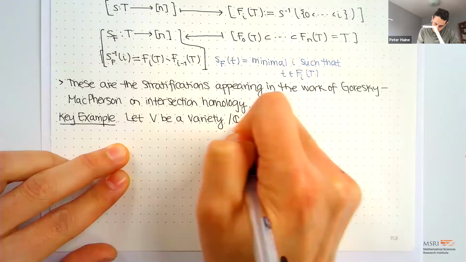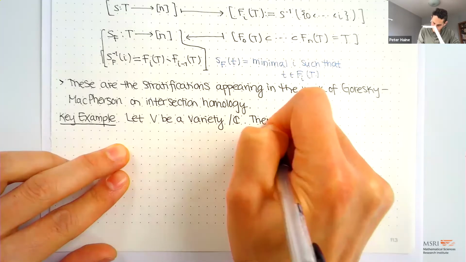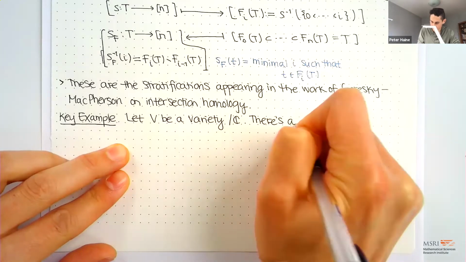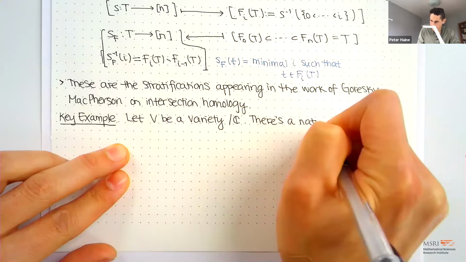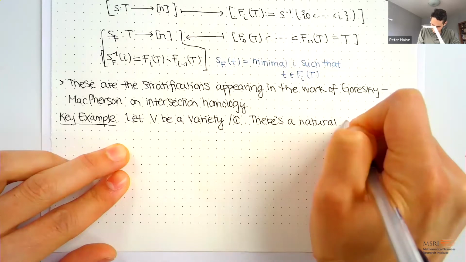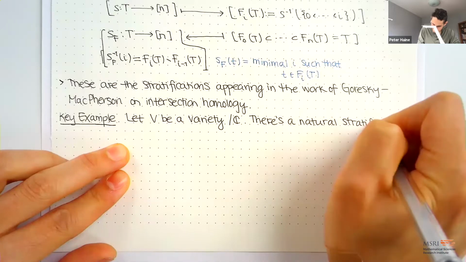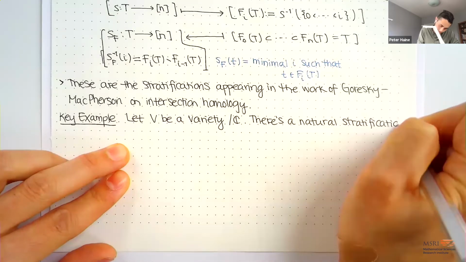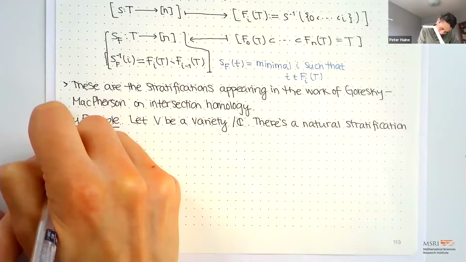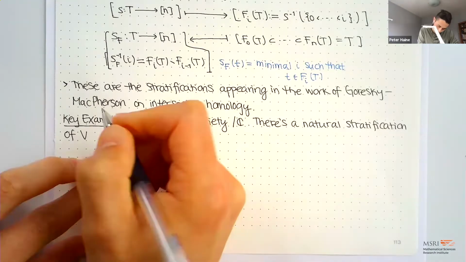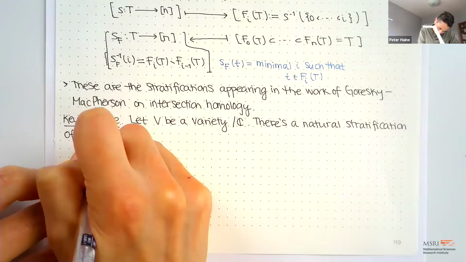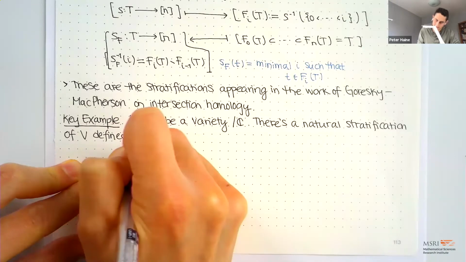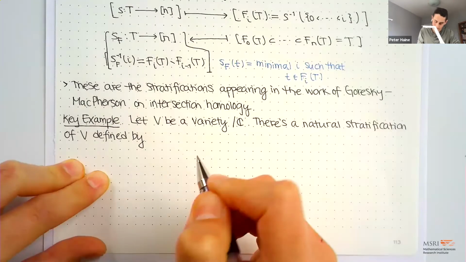There's a natural stratification of V defined by the filtration by singular loci.